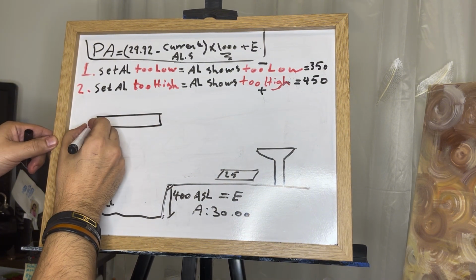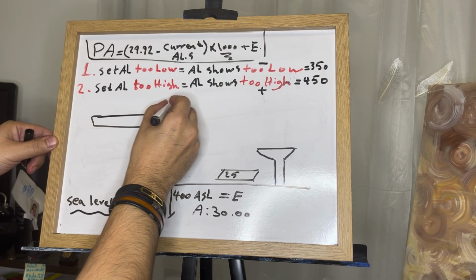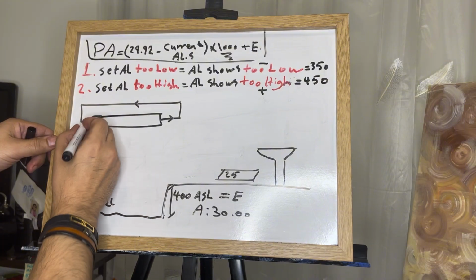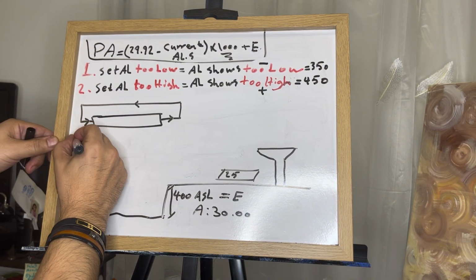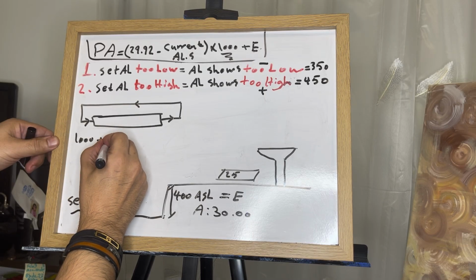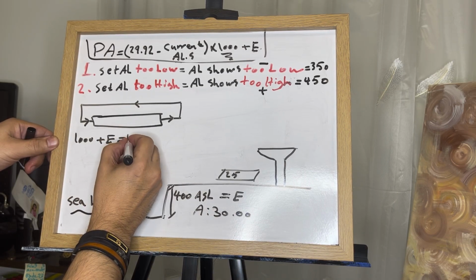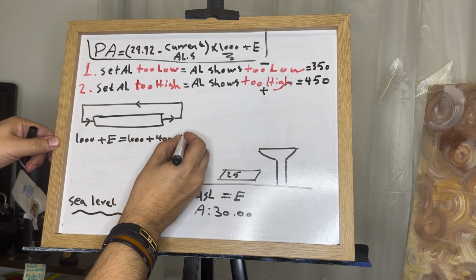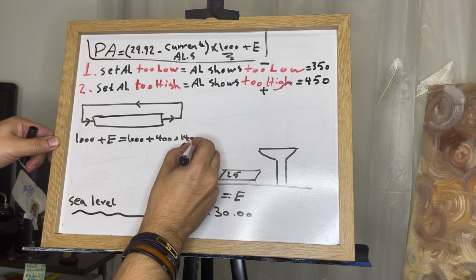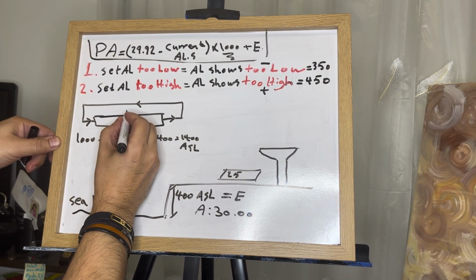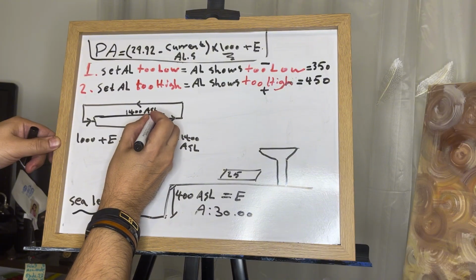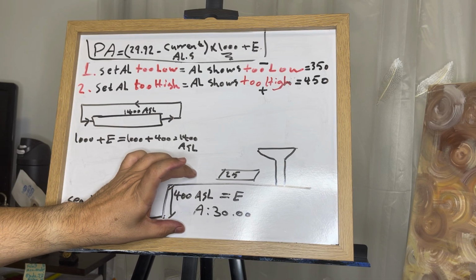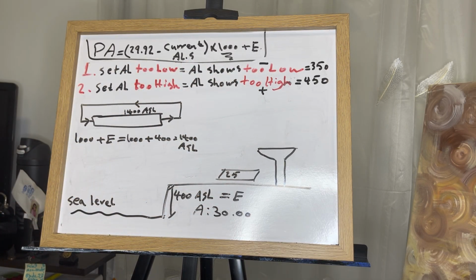According to the rules in Canada, left-hand circuit, and circuit height is 1000 feet plus elevation. So 1000 feet plus elevation of 400 feet is 1400 feet above sea level, right? So circuit height is 1000 feet above the airport. After setting the wrong number on the altimeter, this is scenario number one.